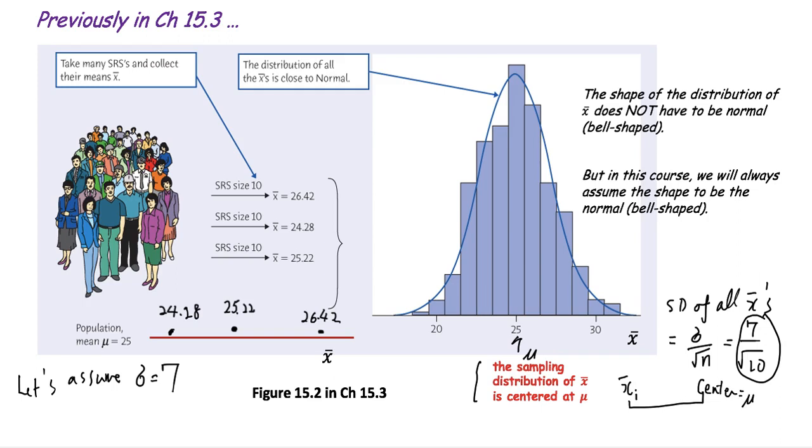So basically, you're asking how far off that sample mean is from the center on average. What is the average distance between an arbitrary sample mean and the center, which is the population mean? What is this average distance? This average distance is given by this number, 7 divided by square root of n.